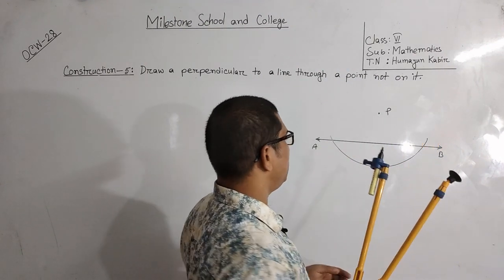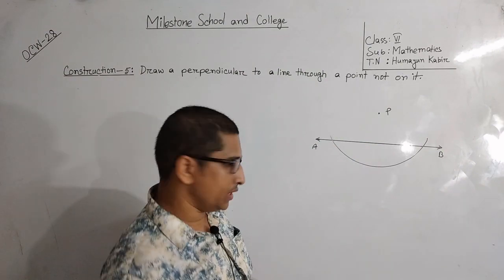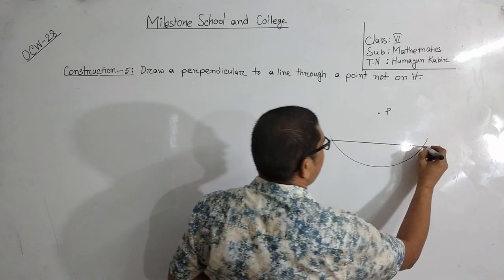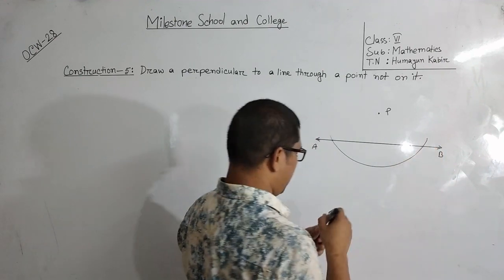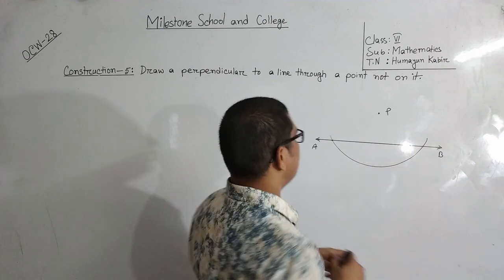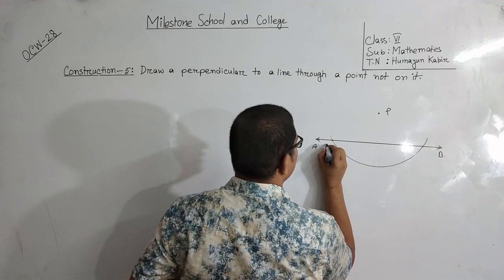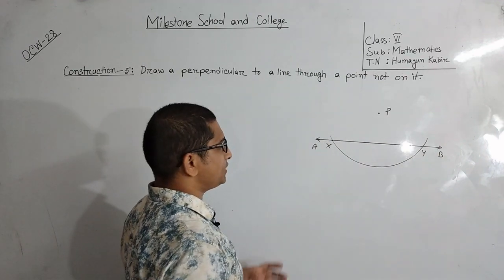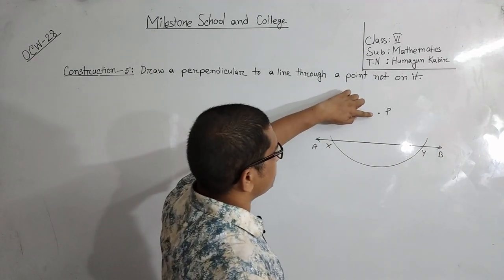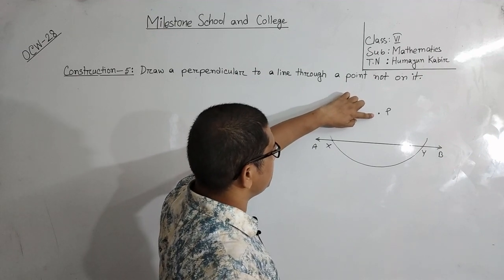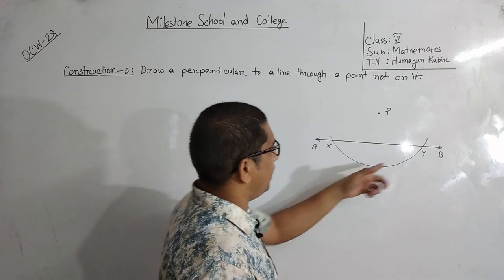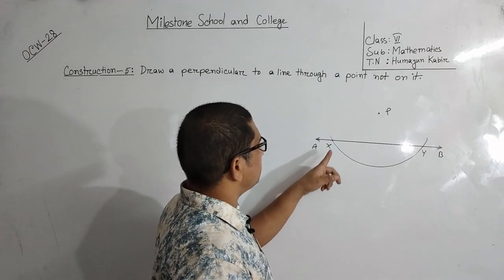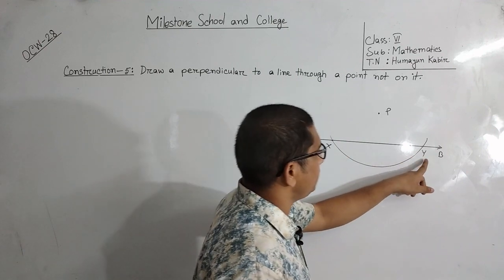This arc intersects the line AB at these two points, so say here this is x and y.